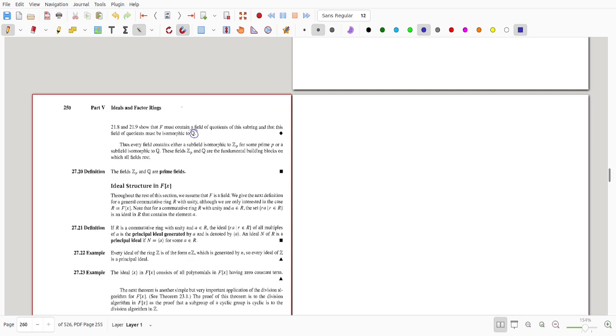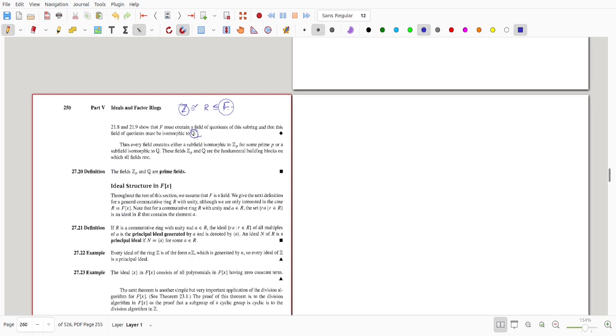Just imagine Z is isomorphic to some ring which is contained in F. Since F is a field, every non-zero element of Z has a multiplicative inverse in F. That means Q, which possesses an inverse for every non-zero element of Z, is always contained in F itself.